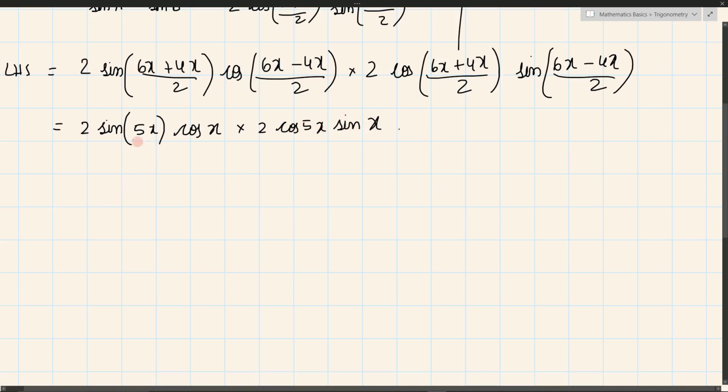So we have 2 sine x cos x if we consider these terms, and also if we consider these terms, we have sine 5 into 2 is 10x and sine 2x.